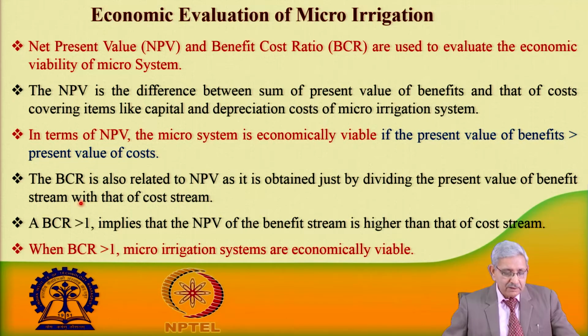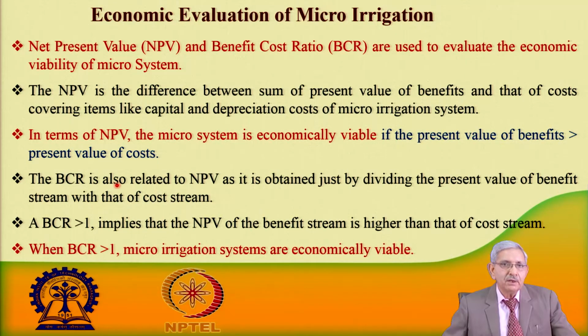BCR, the benefit cost ratio, is related to the net present value and is obtained by simply dividing the present value of benefits by that of the cost stream.